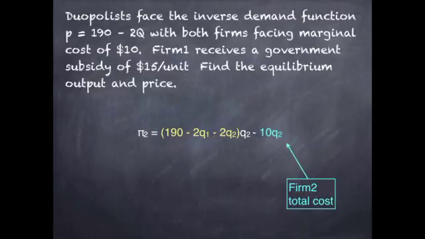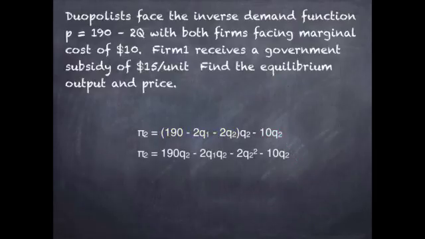We subtract cost off of that total revenue, so the left-hand portion is total revenue, and we subtract 10Q sub 2 because, as it says above, marginal cost for both firms is equal to 10, so the total cost is going to be equal to 10 multiplied by the output of firm 2. Total revenue and total cost together give us the profit function of firm 2.